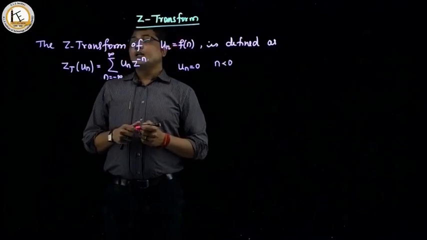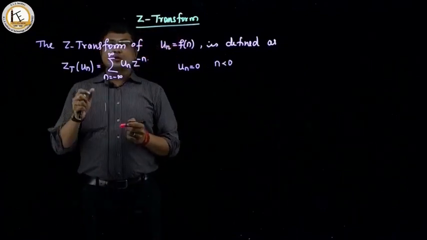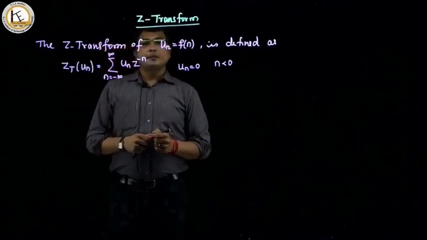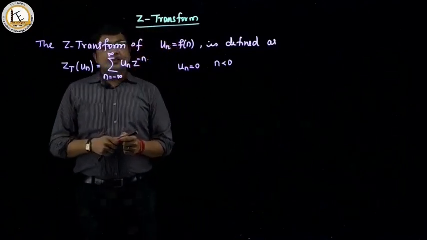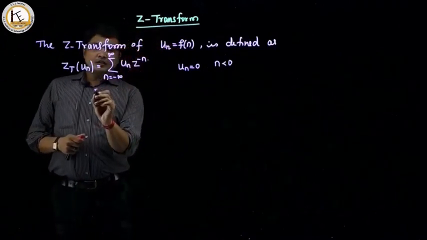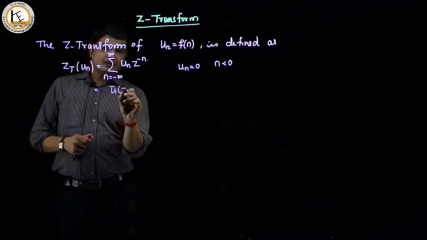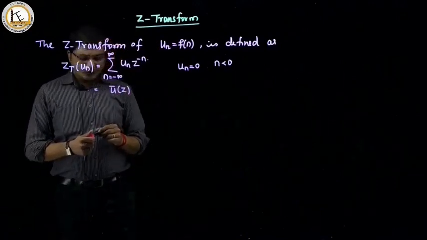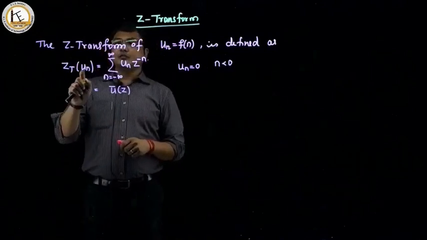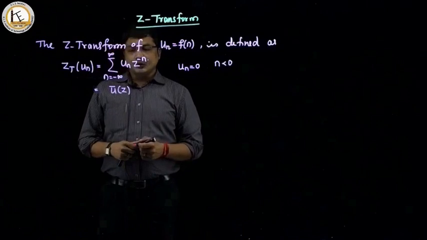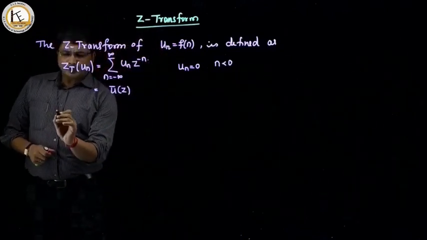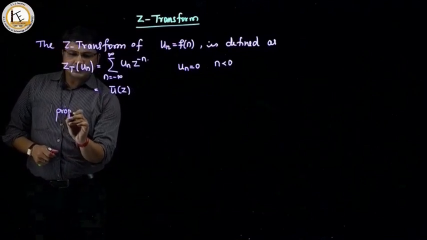It means if n is negative, then the function u_n will definitely be 0. Obviously when we find the sum of this series, the summation will be a function of z. Then u bar of z will be called the Z transform of the given function u_n.